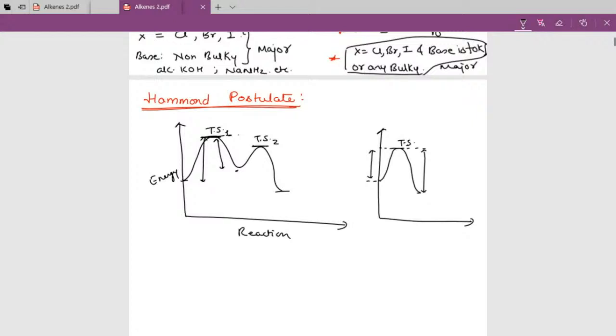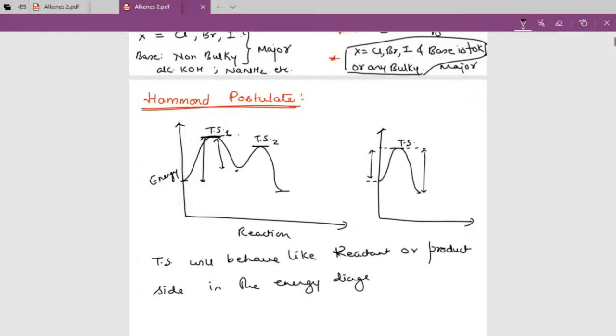Okay, so Hammond said that TS will behave like a reactant or product side in the energy diagram with which it shares a lesser energy gap.